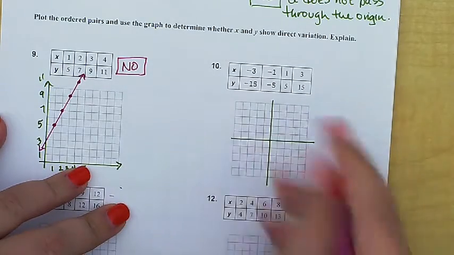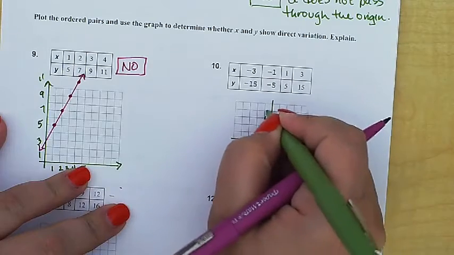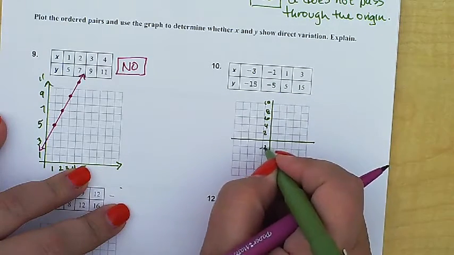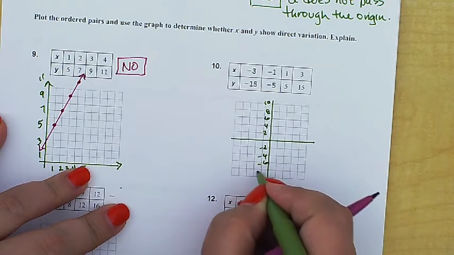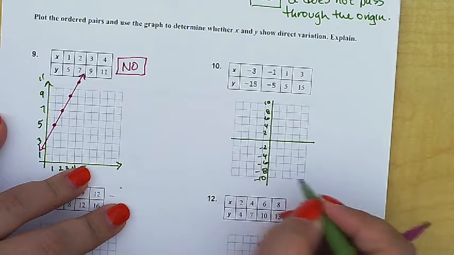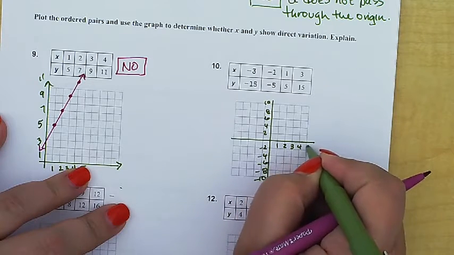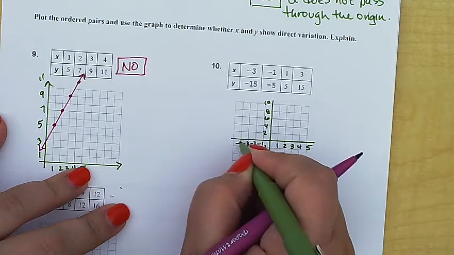So this is going to be 2, 4, 6, 8, 10. That's still going to make one of those fall off, but it is okay. We're going to have enough points to know what we need to know. And then in this one, I'm going to keep it by ones. -1, -2, -3, -4, -5.